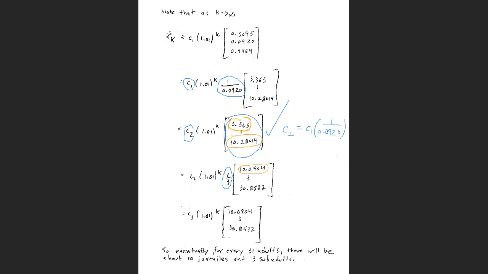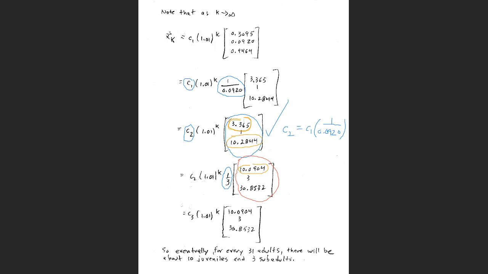And so now my vector consists of entries of 10.0904, 3, and 30.8532, that's a pretty nice vector.